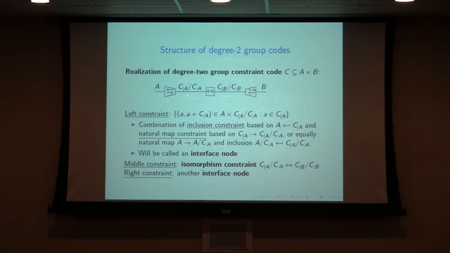And I introduce these two constraints, which I'm going to call interface nodes. And what are they? They're a combination of an inclusion constraint and a natural map constraint. So neither one is the input.